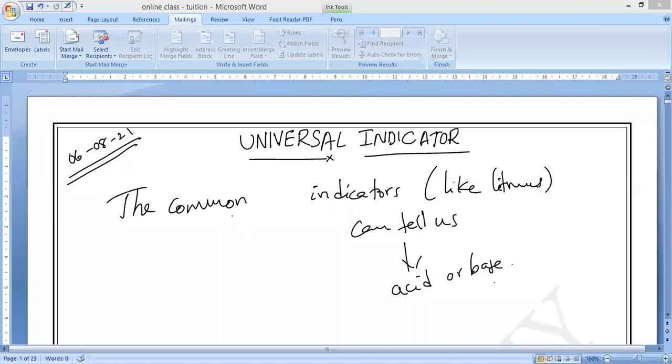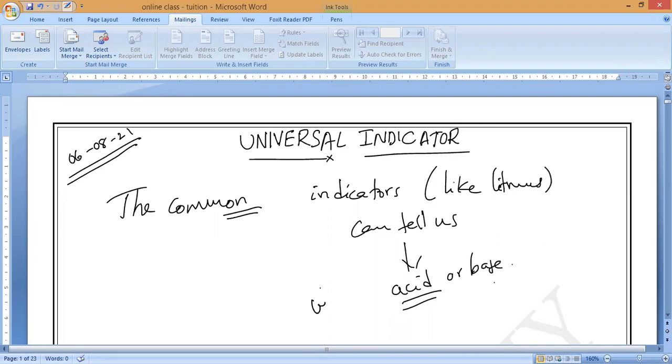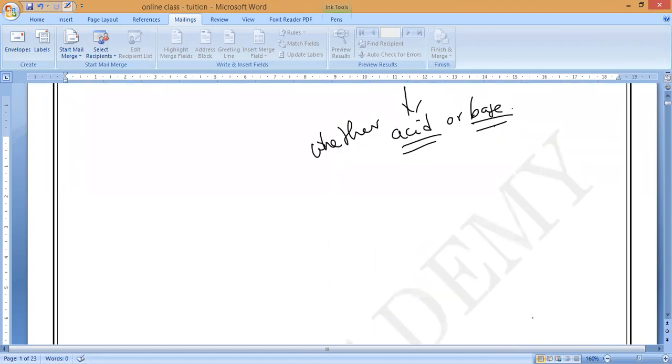If you take the common indicators, they will only tell whether the given substance is an acid or a base, yes or no? But with the help of common indicators, we are not getting whether the given substance is a strong acid or weak acid, or a strong base or a weak base. Please tell me. Common indicators only give us either an acidic medium or a basic medium.